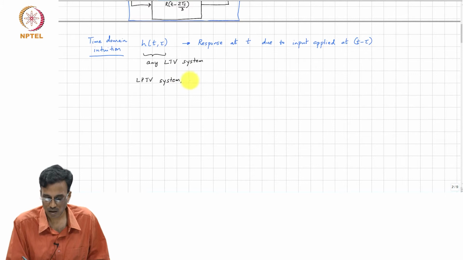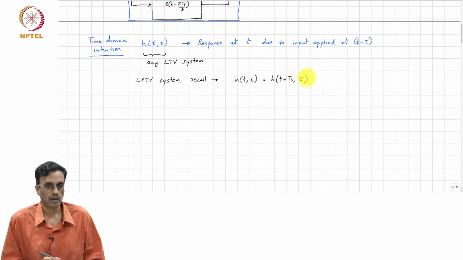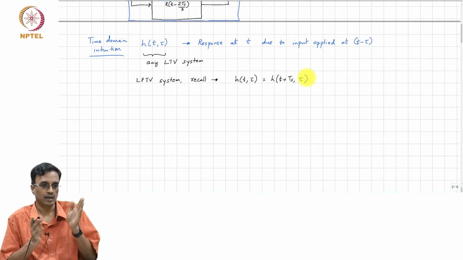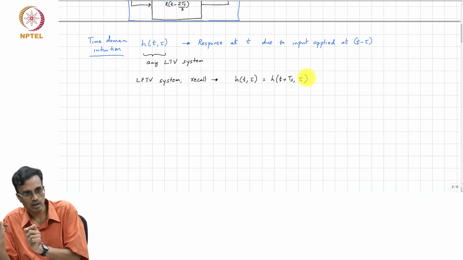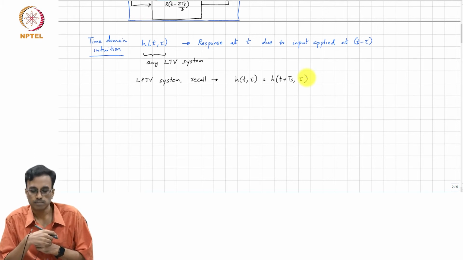Recall that h of t comma tau is the same as h of t plus Ts comma tau, right. So, in other words, if you move the time of observation and the time at which the impulse is applied by the same Ts, then you will get the same response.